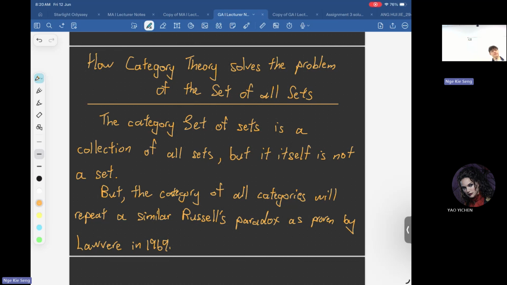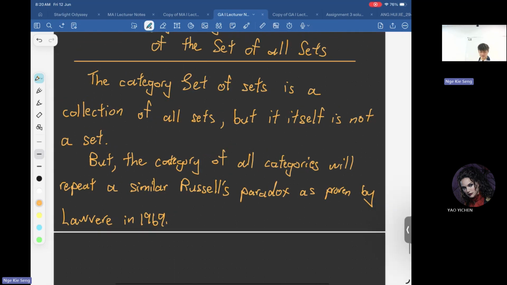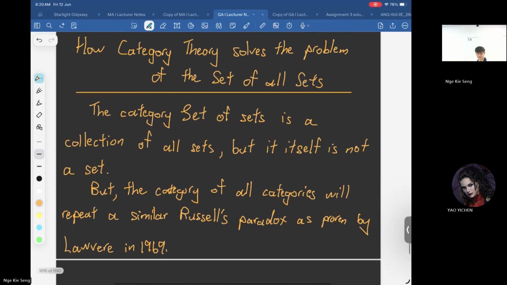So there's no paradox there. But if you consider the category of all categories, then that category will satisfy the category definition, so you expect some similar paradox as Russell's paradox, but then it's proved by Lawvere, in 1969.